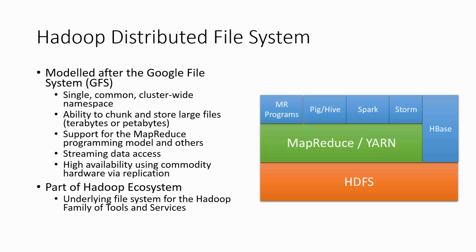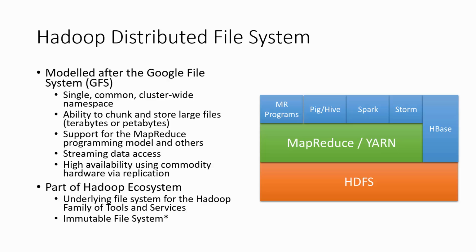And then we have a number of applications that can interact with HDFS either through the Yarn or MapReduce framework or directly using API calls into HDFS. This includes MapReduce programs, higher level languages such as Pig and Hive, Apache Spark, Apache Storm, and HBase.